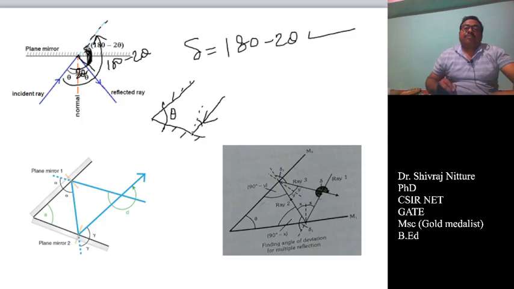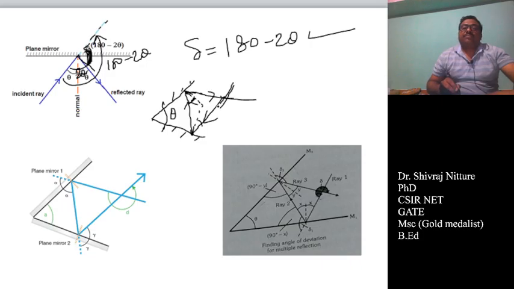After reflection it will go like this, and again it falls here. Like this is the angle, and after reflection it will become this. This is incident, this is reflected. So this is the incident direction, this is the reflection.